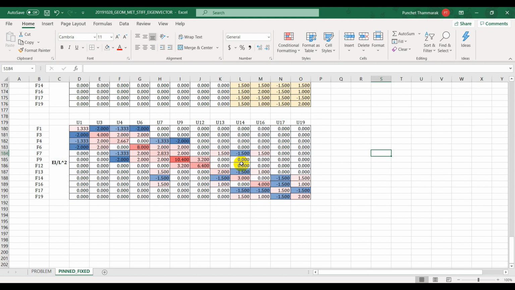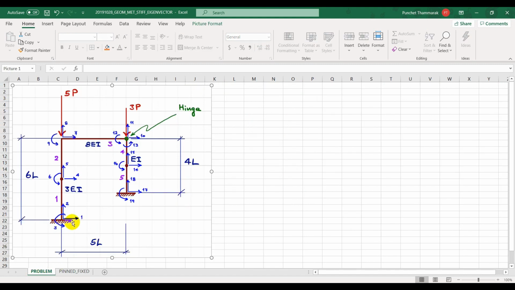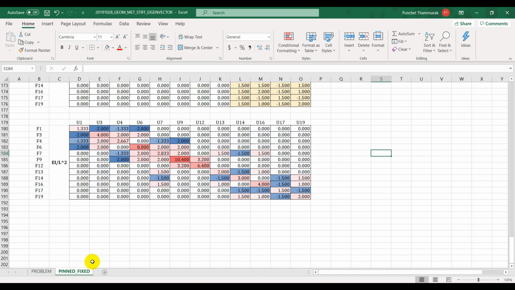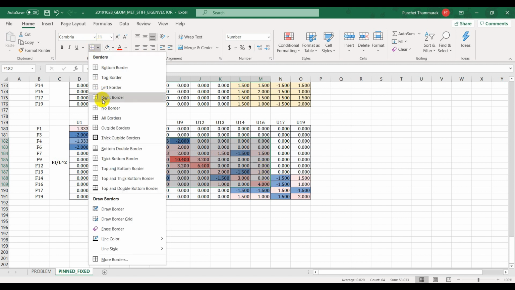Now, what do we need to keep? We don't want the DOF 1, 3, 17, 19 as they are the boundary conditions, right? 1, 3, 17, 19. Okay, so basically we will just consider this part in here.